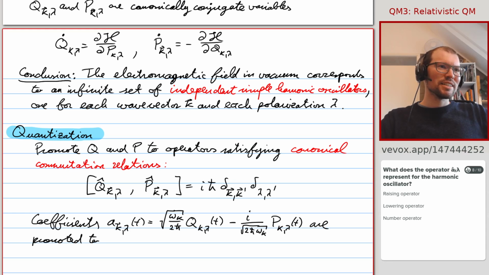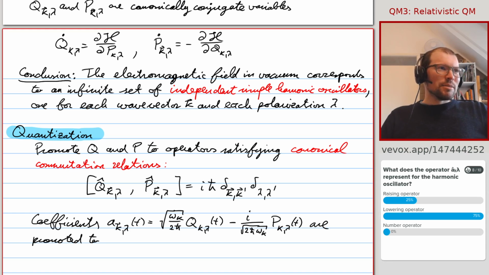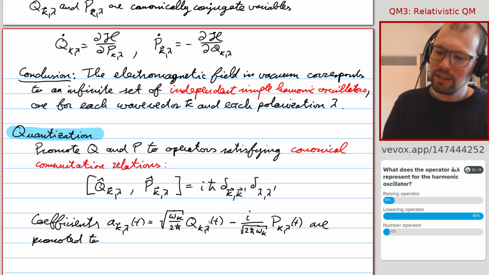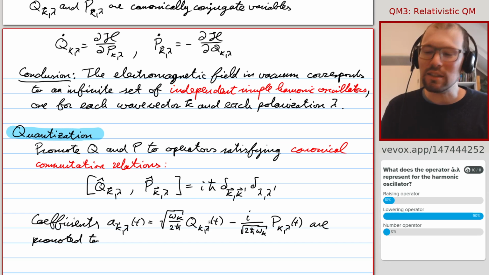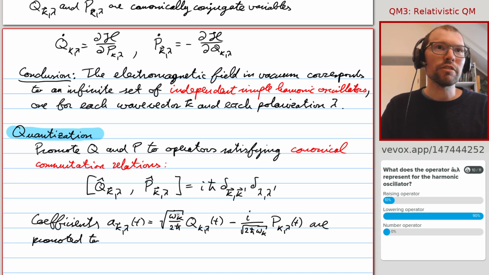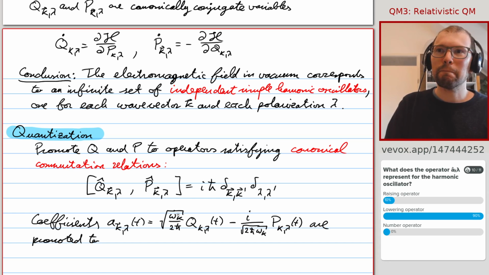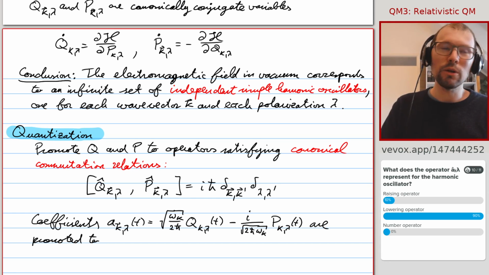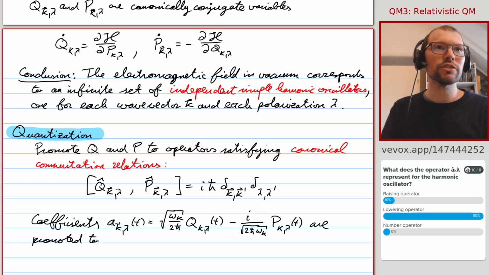So let's see. Yeah, I think I agree with the majority vote. So this will be the lowering operator, indeed. If you remember from the old days, this was exactly how you introduce a lowering operator to solve for the eigenfunctions of this Hamiltonian. And they would exactly lower the eigenfunction by an energy h bar omega.